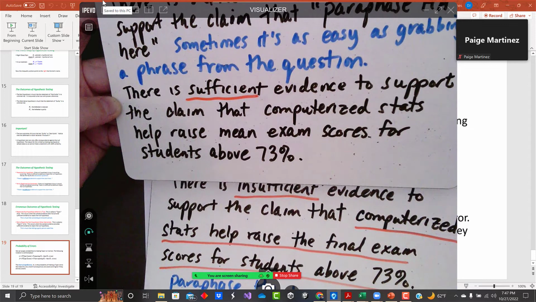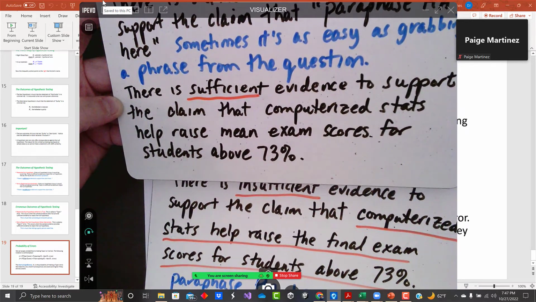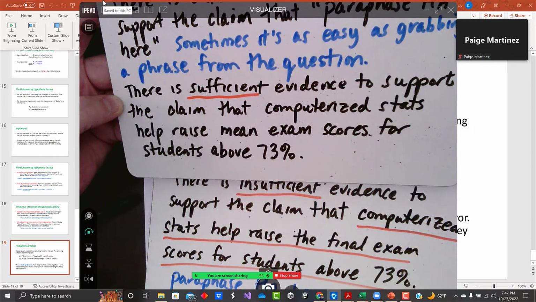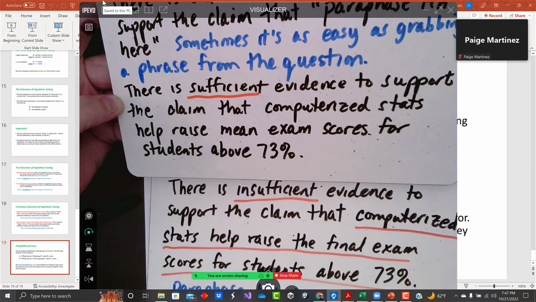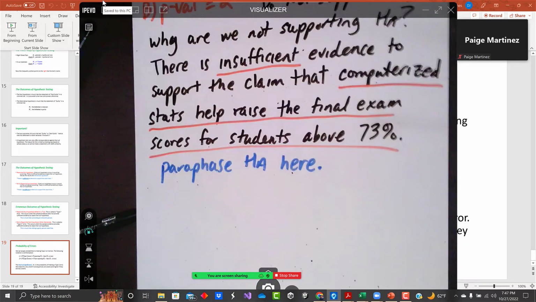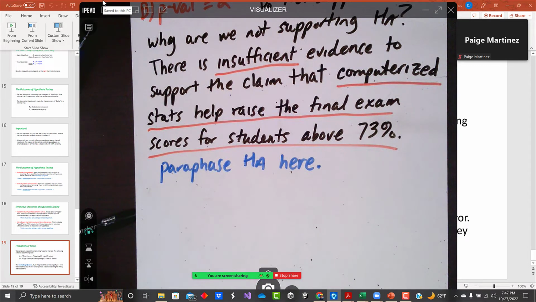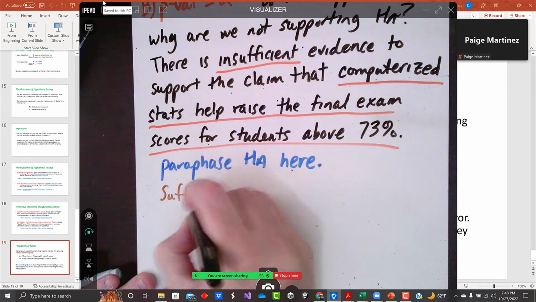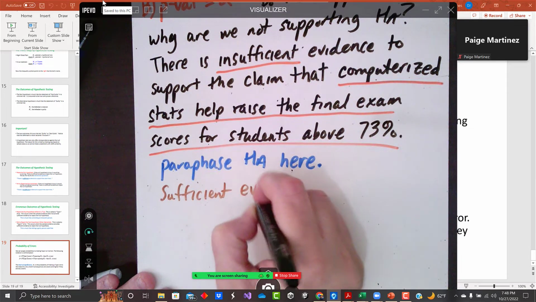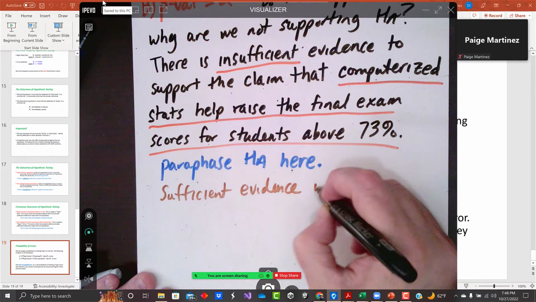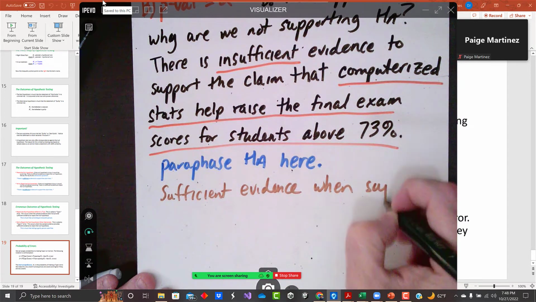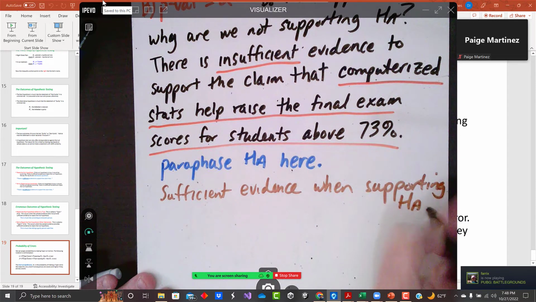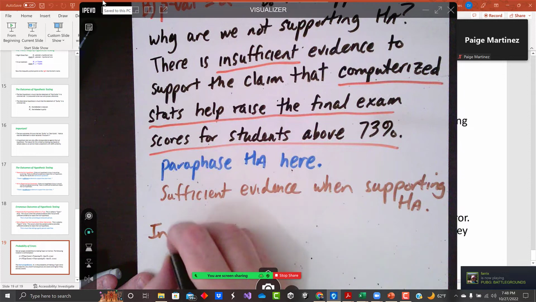So you really only got to memorize one sentence format and just change the word. It's sufficient evidence when we're supporting it, and it's insufficient evidence when we're not supporting it. And insufficient evidence when we do not.